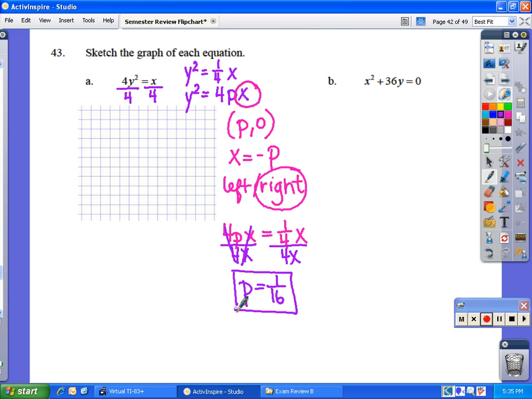Once we have our p value, we now know that our focus is (1/16, 0), and our directrix is x equals negative 1/16.